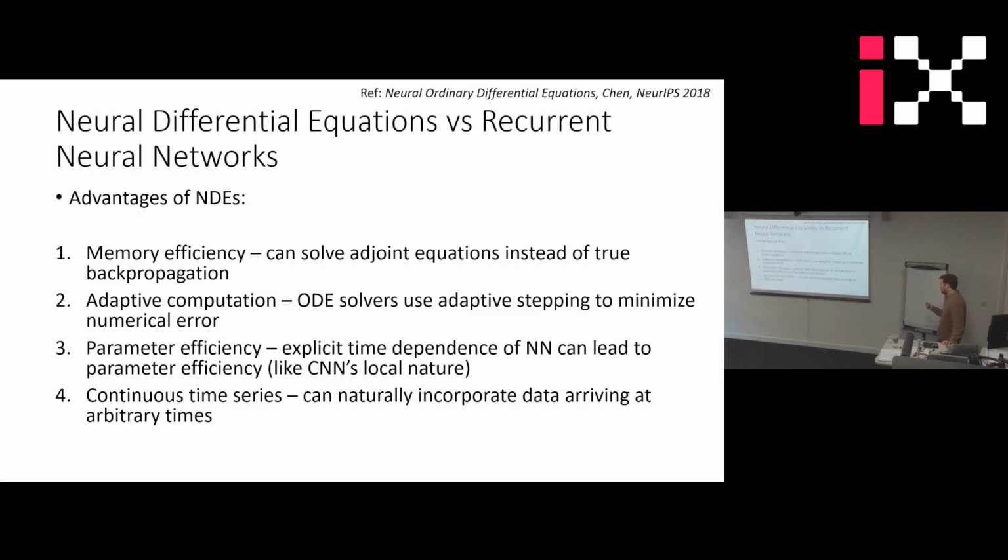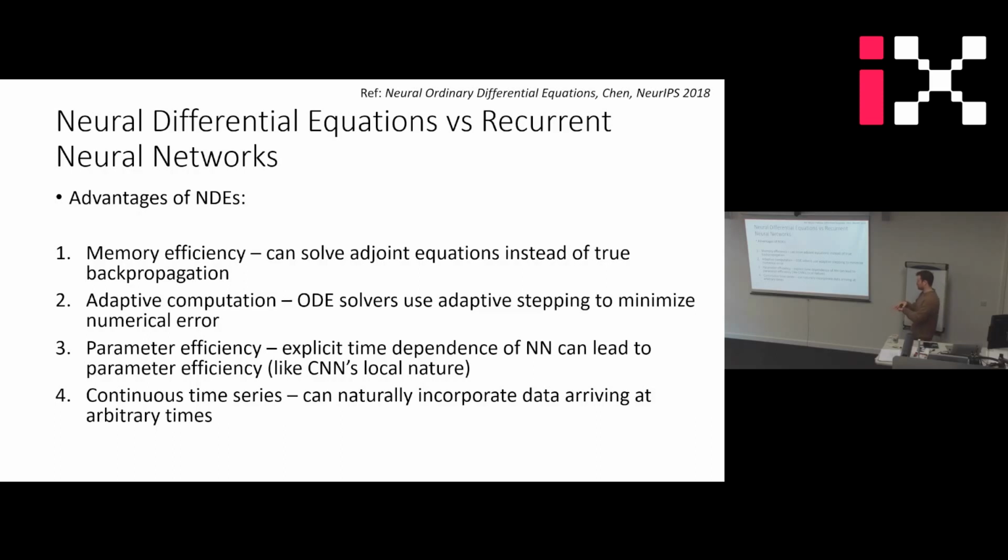This is quite a nuanced point, but if you're familiar with convolutional neural networks, you can say it's equivalent to that. Convolutional neural networks are local in space, so you don't need many parameters to describe what's going on because your filter is only a certain size and doesn't encompass the whole image. You're efficient on parameters.